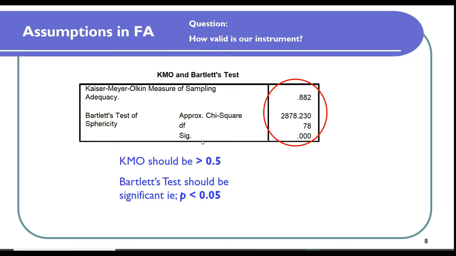Please keep in mind, for all tests after this, that the significant value, or p-value, if less than 0.05, means that our test is significant, is meaningful. But if the p-value is greater than 0.05, it is not significant. So in this case, yes, it is significant.